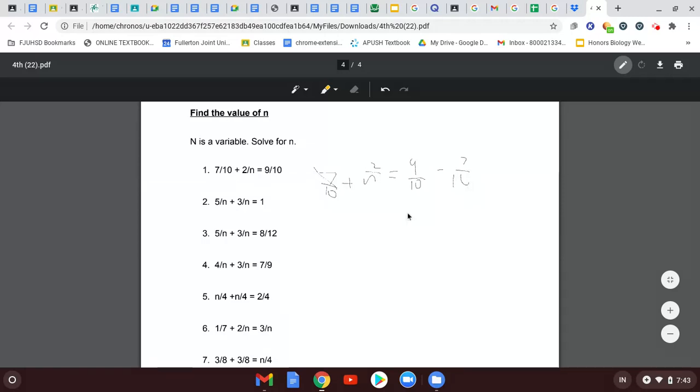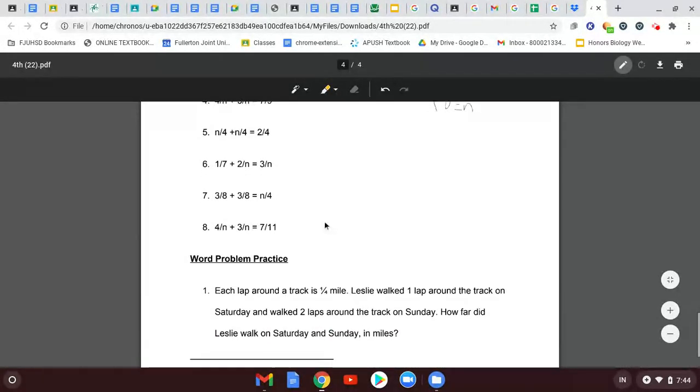Oh, that's weird. 2 divided by n equals 2 divided by 10. Okay, so we can cross multiply, so it'll be 20 equals 2n. Divide both by 2, so you get 10 equals n, and that's the answer. Okay, I'll do one more with you.